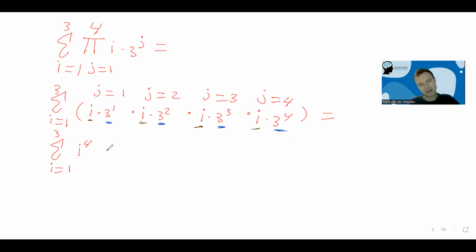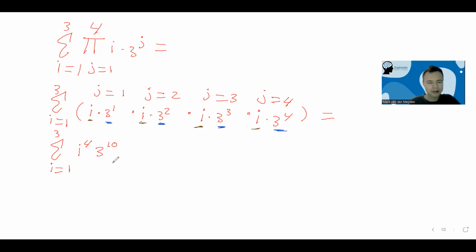What will that become? Do you know the rule? If the base is the same, you can add the powers, right? Yeah, so that's 10. Yes, 3 to the power of 10.